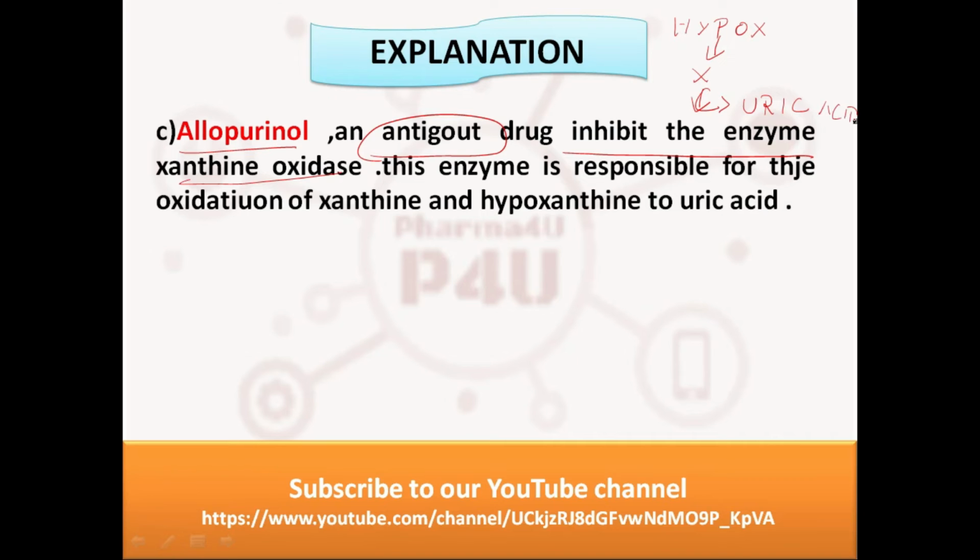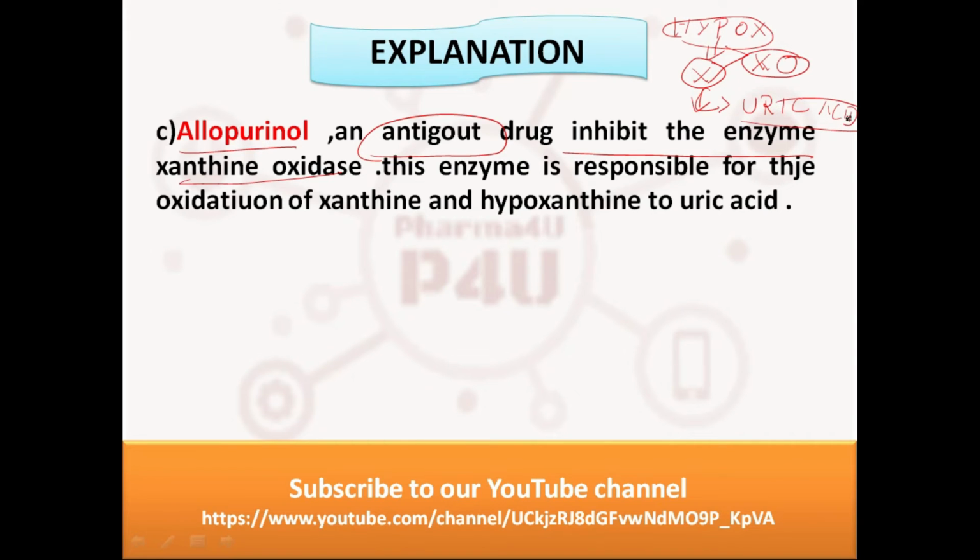In the presence of xanthine oxidase, hypoxanthine converts into xanthine, and again xanthine converts into uric acid.